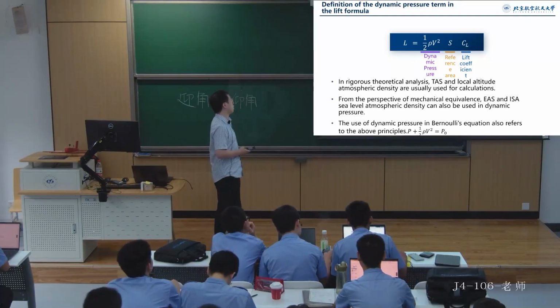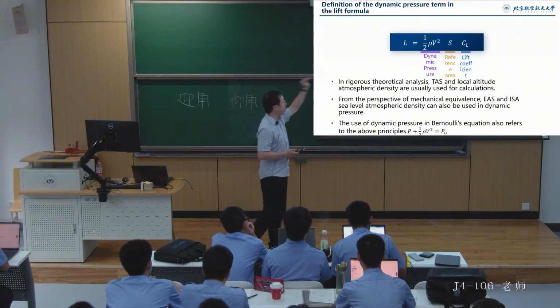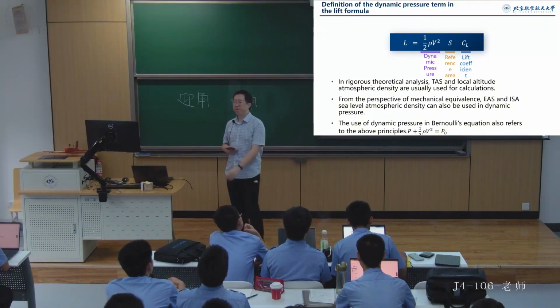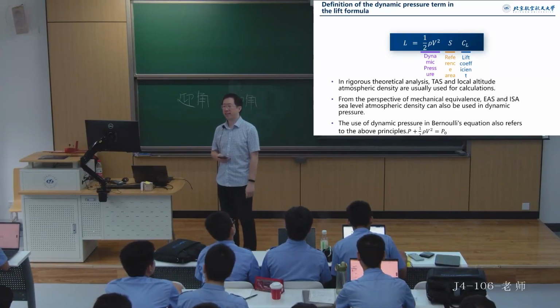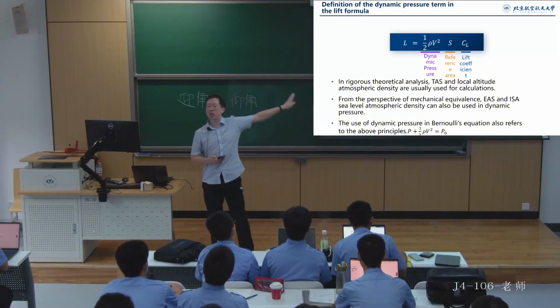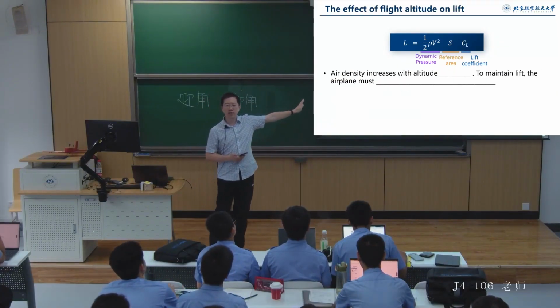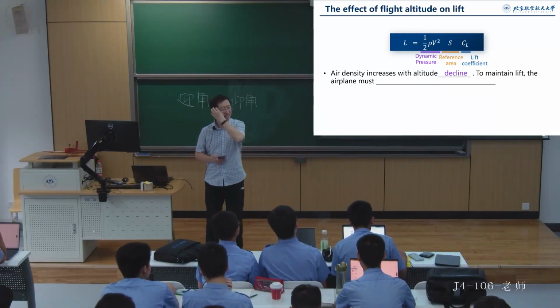So, if we want to maintain the lift of the aircraft unchanged at this point, what should we do? Do we have any methods through our lift formula? Increase the lift coefficient.